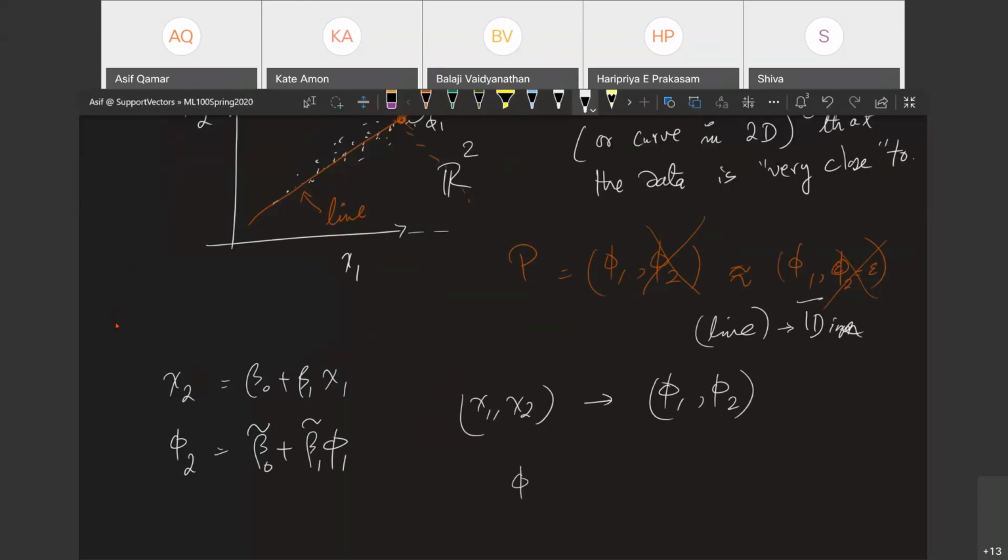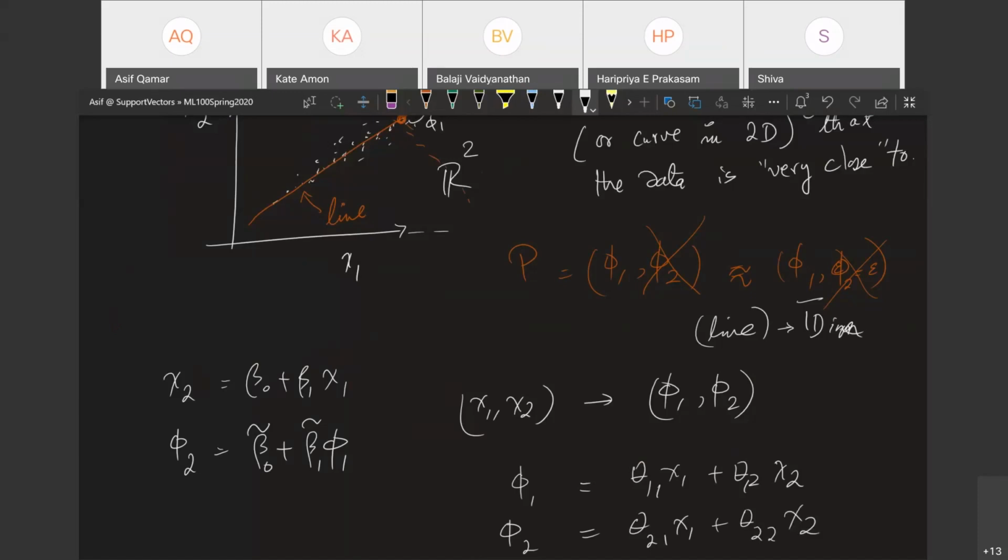So you say phi1 of a point is equal to, these are usually called loadings, let me call it theta 1 1 x1 plus theta 1 2 x2, and phi2 is equal to theta 2 1 x1 plus theta 2 2 x2, right?